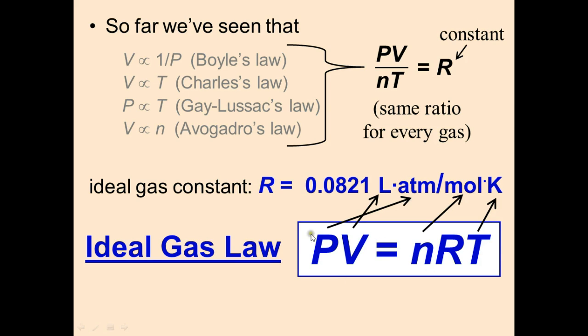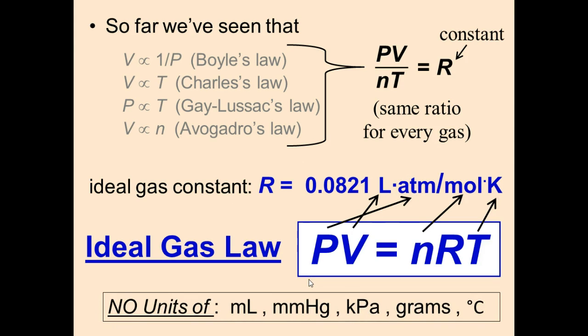So remember, we have to use these 4 different units: liters, atm, moles, and Kelvin. This is a new formula, and notice how it includes the number of moles, so we can change it now, unlike in combined gas laws where we couldn't.